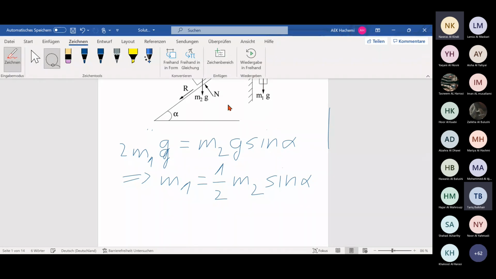Then the choice that we took for x2 is in the direction of the motion of M1.